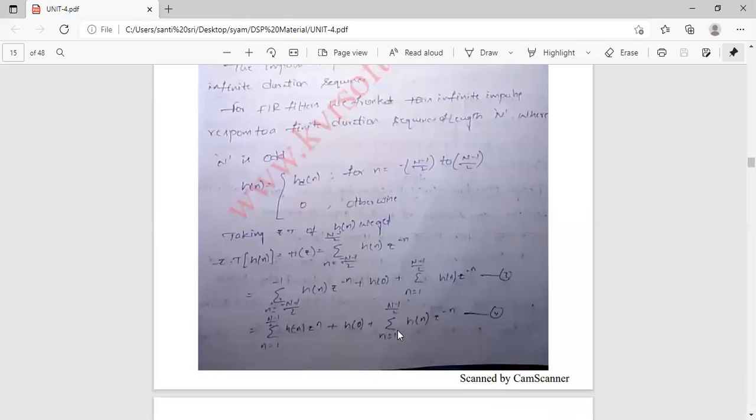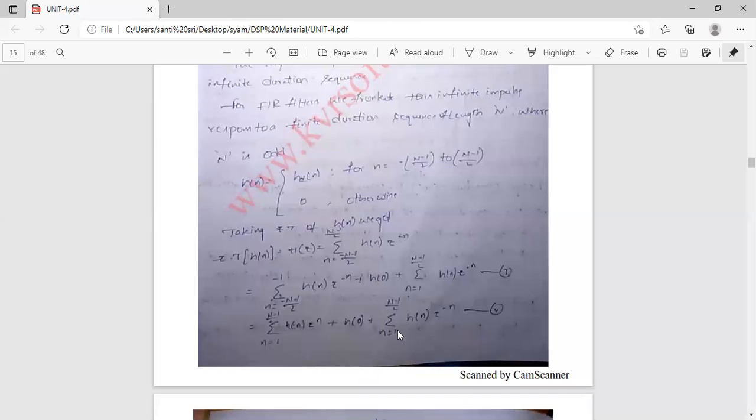So it is equal to sigma n equals minus (N minus 1) by 2 to minus 1 of h of n into z power minus n, plus h of 0 into z power 0, that is 1, plus sigma n equals 1 to (N minus 1) by 2 of h of n into z power minus n. That is equation number 3.